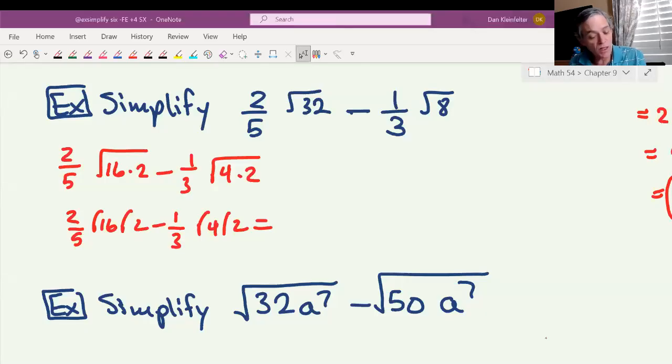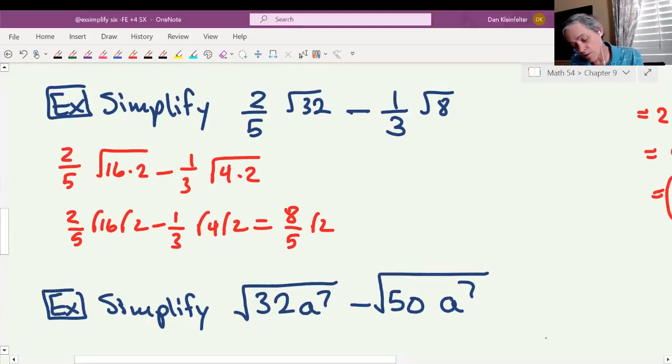Sorry about that. Zoom crashed once again. So 2/5, square root of 16, square root of 2. The square root of 16 is 4. 4 times 2 will give us 8. So we'll have 8/5 square root 2. And then the square root of 4 is 2. So we will have 2/3 square root 2.